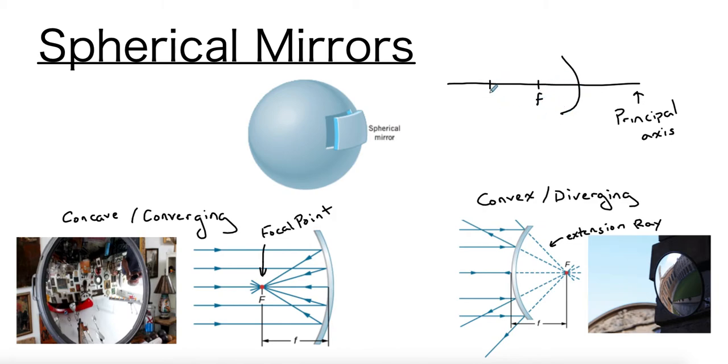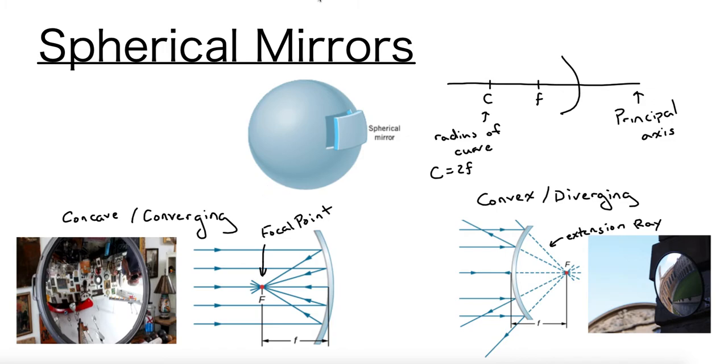There's a point called C, which is our radius of curvature. C is just equal to 2F. It's twice the focal point, at least for this course.